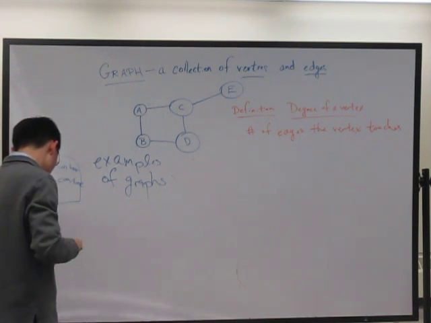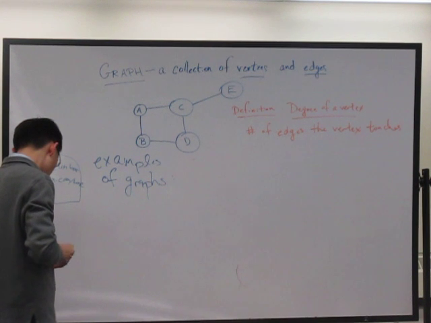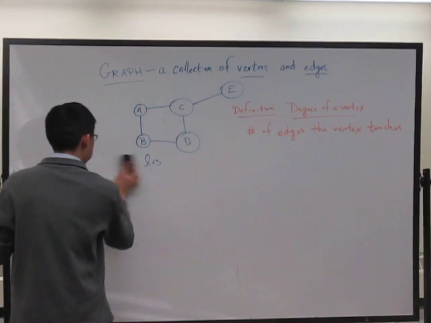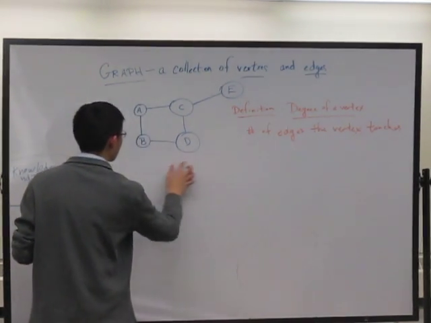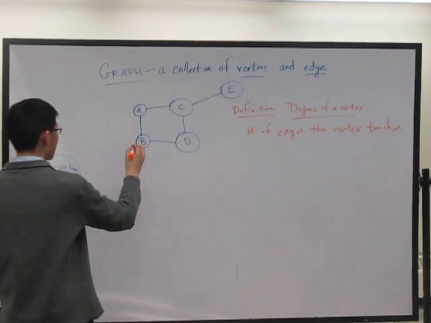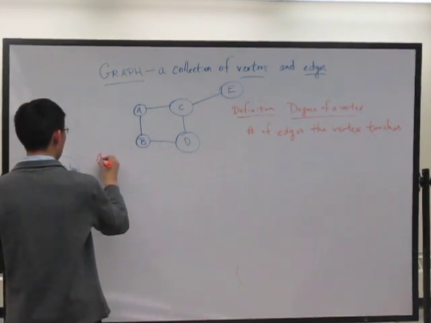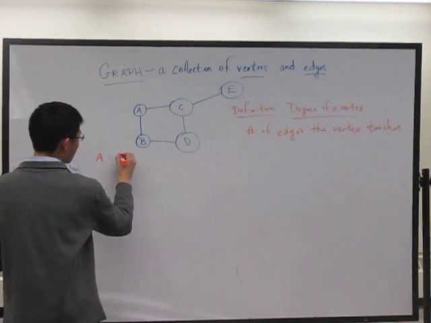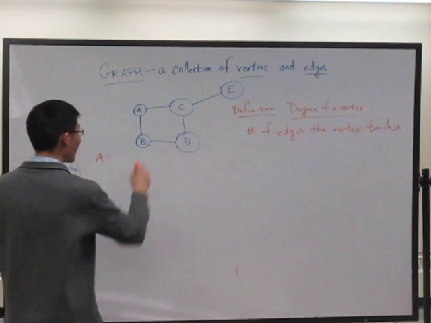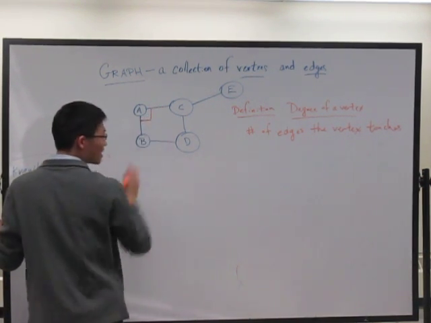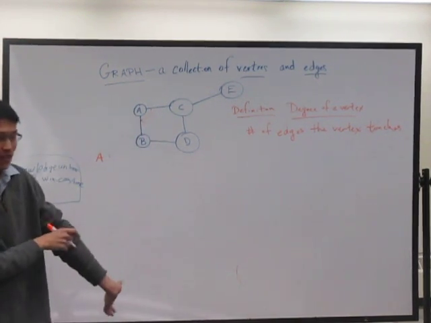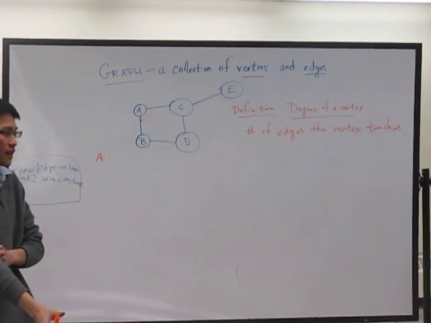Okay. Now, let's try something. If we add up the degrees of this graph, what do we get? Well, what was A's degree? 2, right? Oh, no, not this degree. Sorry, the degree is not the angular degree. That's not important in graph theory.